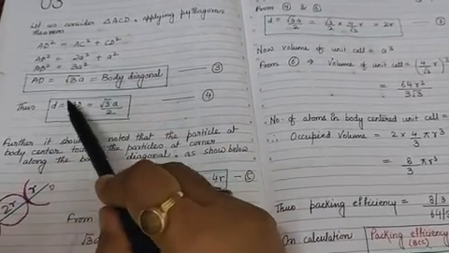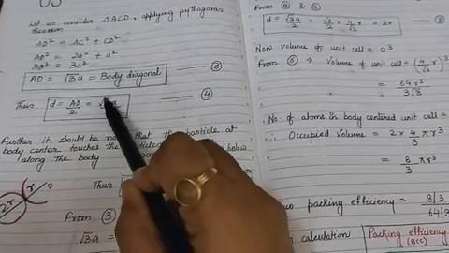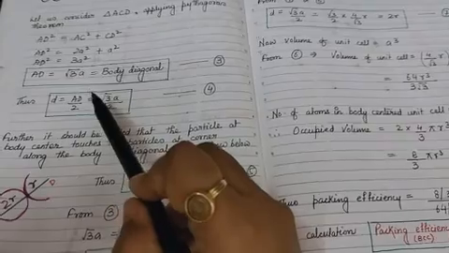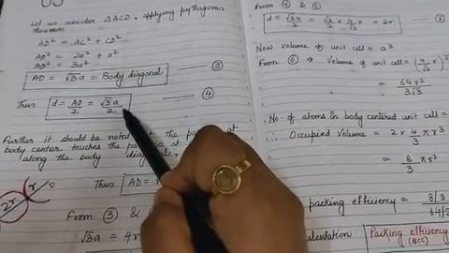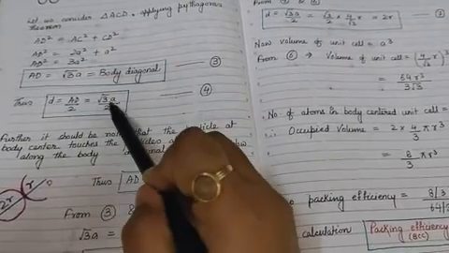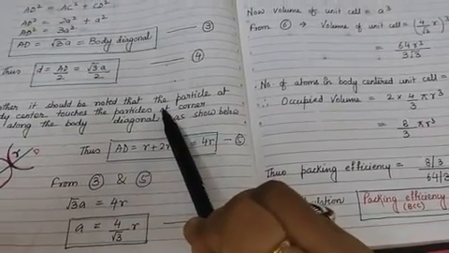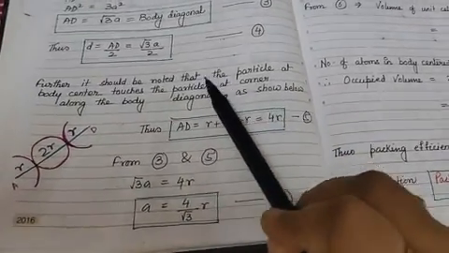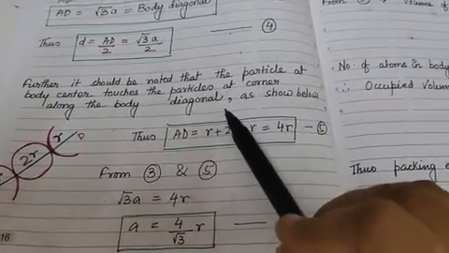Now since d equals AD by 2, therefore d is finally equal to root 3 a by 2. So if we want to calculate the nearest neighbor distance in a body-centered cubic unit cell, and we have the edge length a, then we can easily calculate it by this formula. Further, it should be noted that the particle at the body center touches the particles at the corner along the body diagonal.